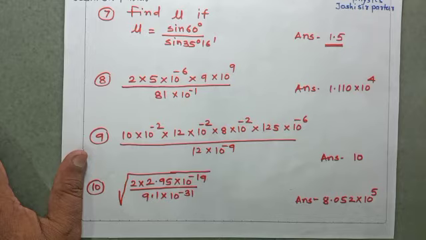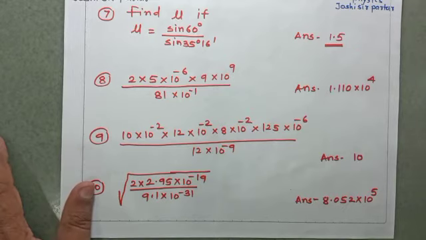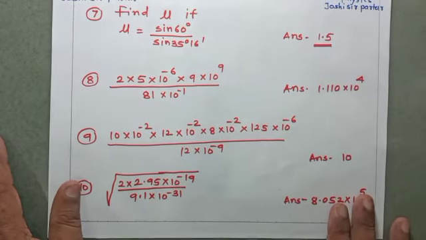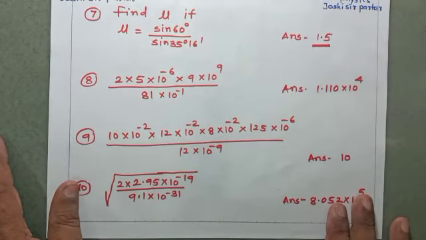So 2 multiplied by 5 into 10 raised to minus 6 into 9 into 10 raised to 9 upon 81 into 10 raised to minus 1. So answer is given. And 10 into 10 raised to minus 2 into 12 into 10 raised to minus 2 into 8 into 10 raised to minus 2 into 125 into 10 raised to minus 6 upon 12 into 10 raised to minus 9. Answer is given.